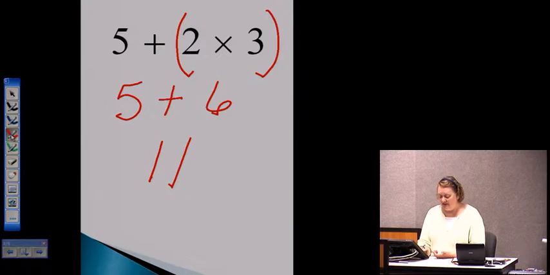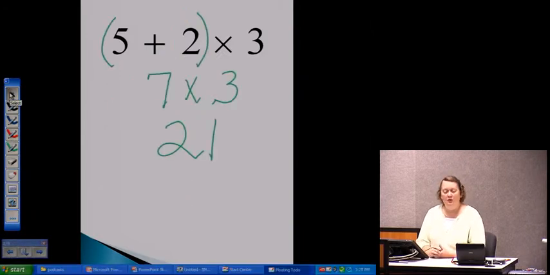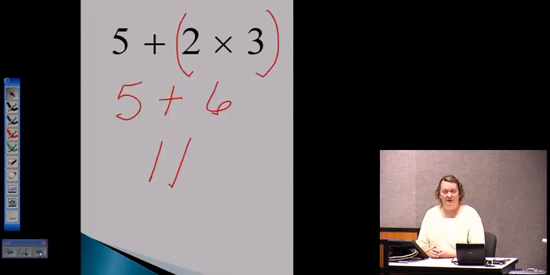Again, notice the first time we got 21. If we do the addition first, then the multiplication, we got 21. If we do the multiplication first and get the 6, then the addition, we get 11.